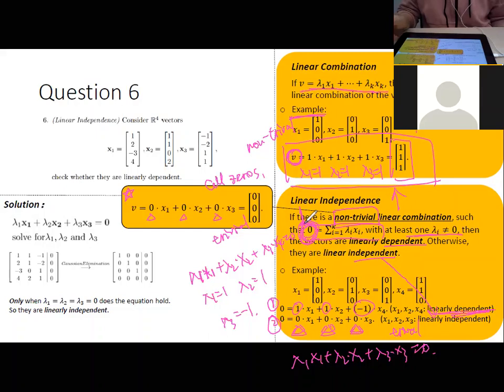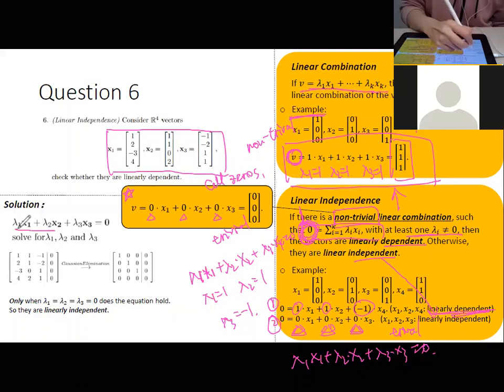And now we move back to question 6. For question 6, the question wants us to find whether these three vectors are linearly dependent or linearly independent. So according to the definition, we write down the linear equations, always 0 at the end.